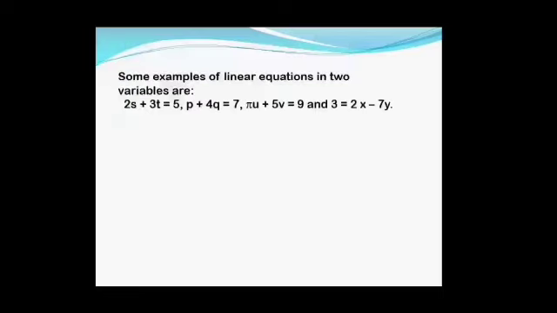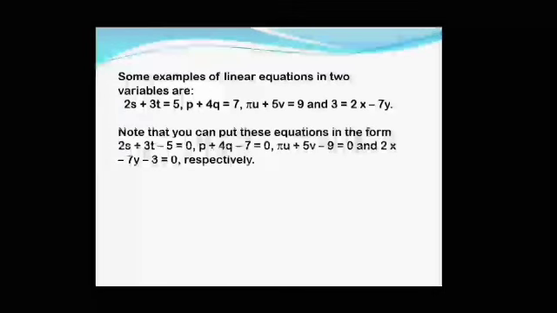Let's see some examples of linear equations in two variables. 2s plus 3t equals 5, p plus 4q equals 7, pi u plus 5v equals 9 and 3 equals 2x minus 7y. If we arrange the terms in a uniform manner, then we will get 2s plus 3t minus 5 equals 0, p plus 4q minus 7 equals 0, pi u plus 5v minus 9 equals 0 and 2x minus 7y minus 3 equals 0 respectively.